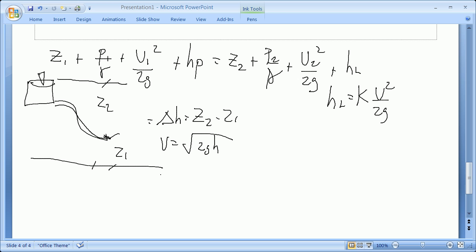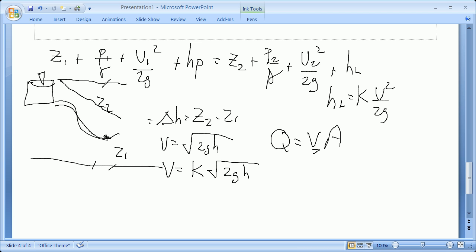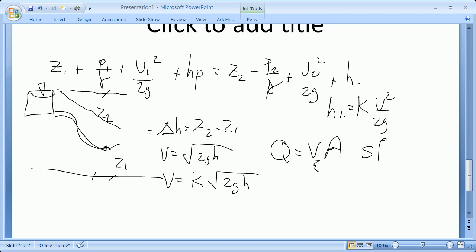But we know that in reality, based on some energy loss through the pipe, the velocity is going to be equal to some constant times the square root of 2gh. But we have to remember that flow equals velocity times area. So once we calculate the velocity, we need to know the area of the pipe, and everything must be in square feet or square meters, or this does not work.